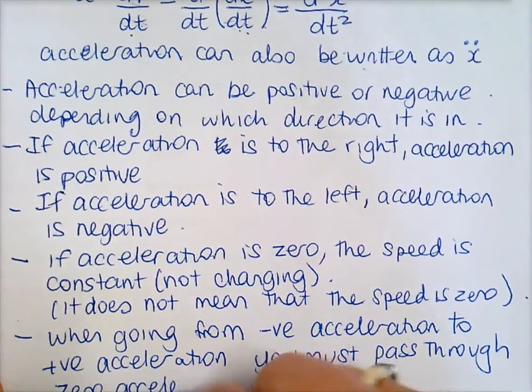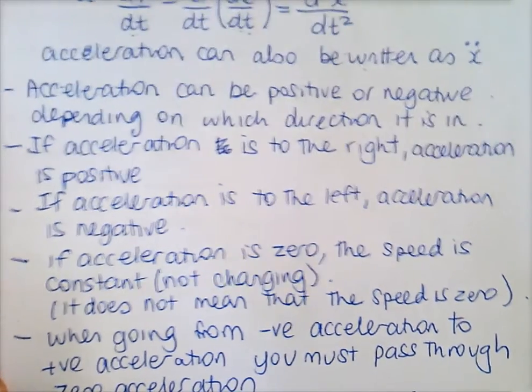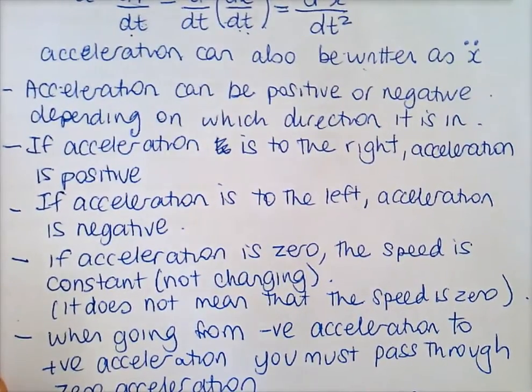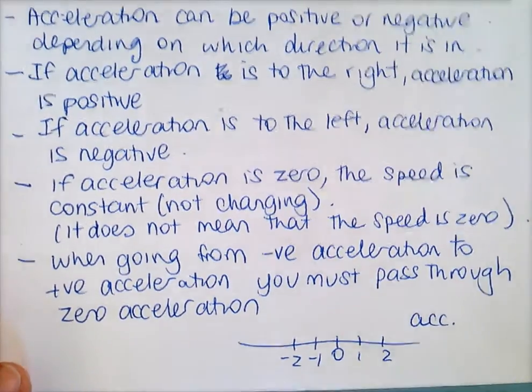Because just think of it on a scale. So for example, if this is acceleration and you've got positive numbers and negative numbers, 0 is in between. Okay?